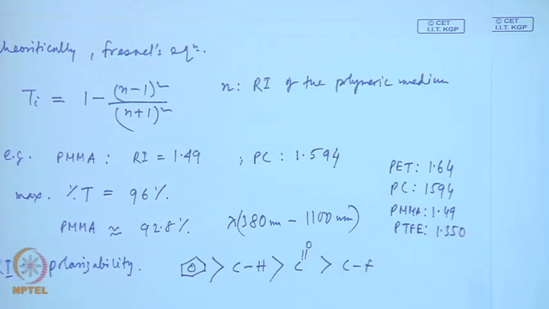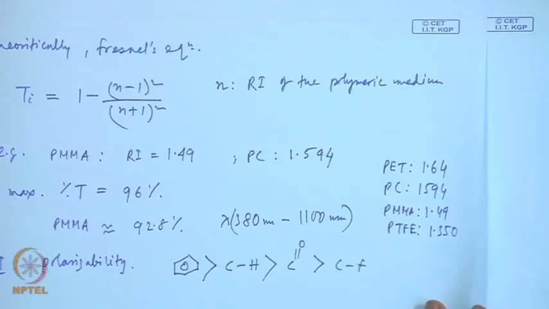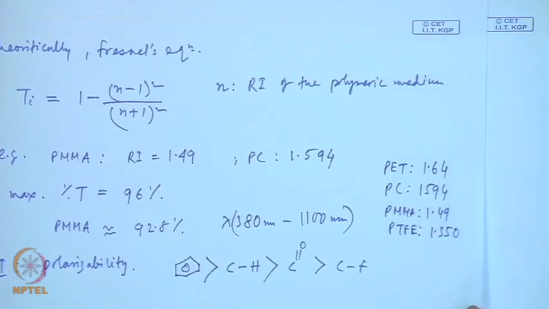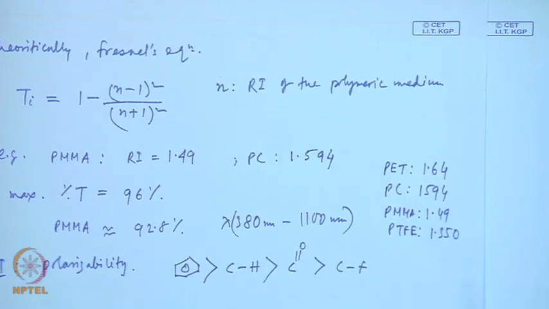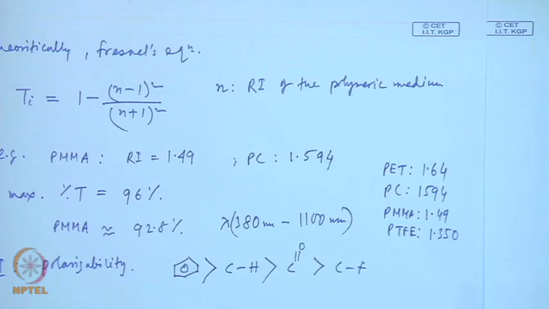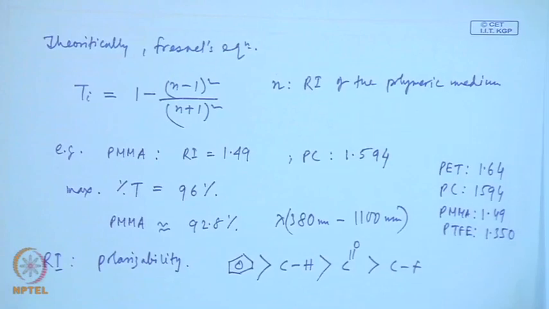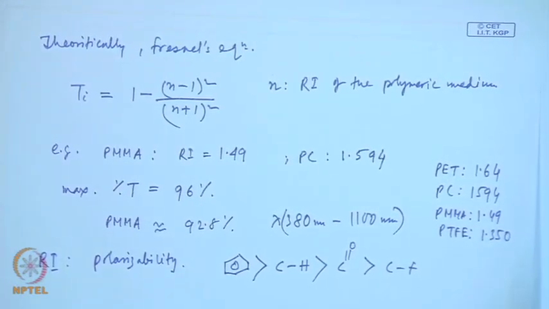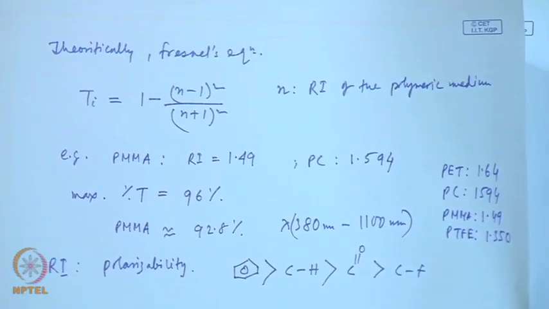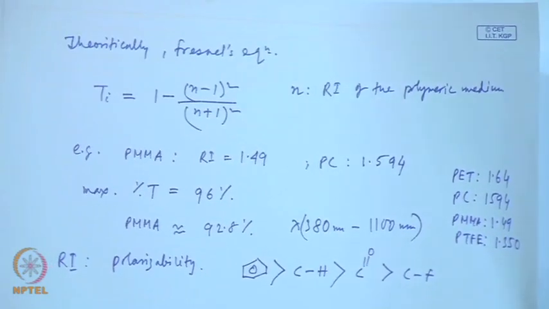So, if the polarizability is less, the refractive index will also be lower, and if you want to make a transparent polymer, then obviously for a given thickness and for a given wavelength, it is always preferable to use a polymer having a lower refractive index than a polymer having a higher refractive index.